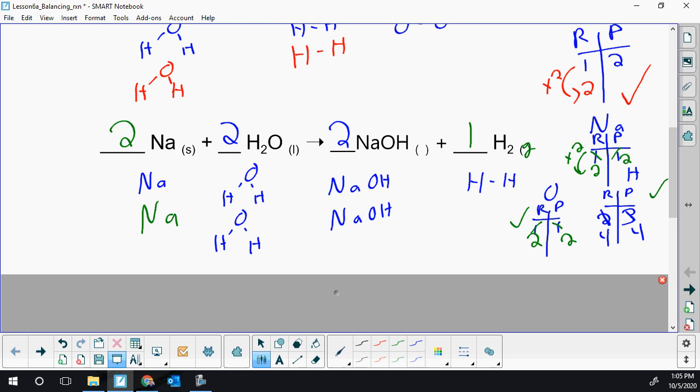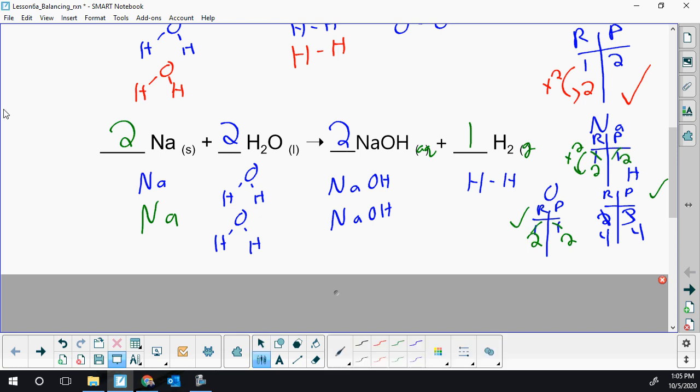You go down to group 1 ions. It's the very first word. Is sodium a group 1 ion? Yes, it is. And if you go across, that's the aqueous heading for that row. So this is aqueous. You're going to have a nice clear aqueous solution with bubbles coming off.